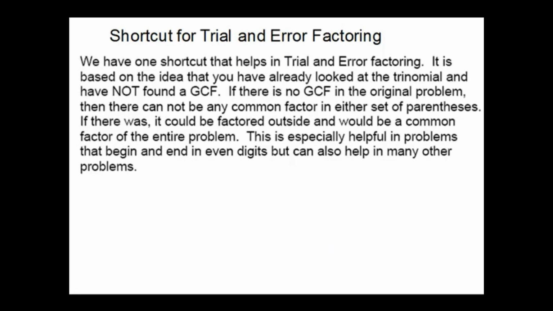We have one shortcut that helps in trial and error factoring. It is based on the idea that you have already looked at the trinomial and have not found a GCF. If there is no GCF in the original problem, then there cannot be any common factor in either set of the parentheses.